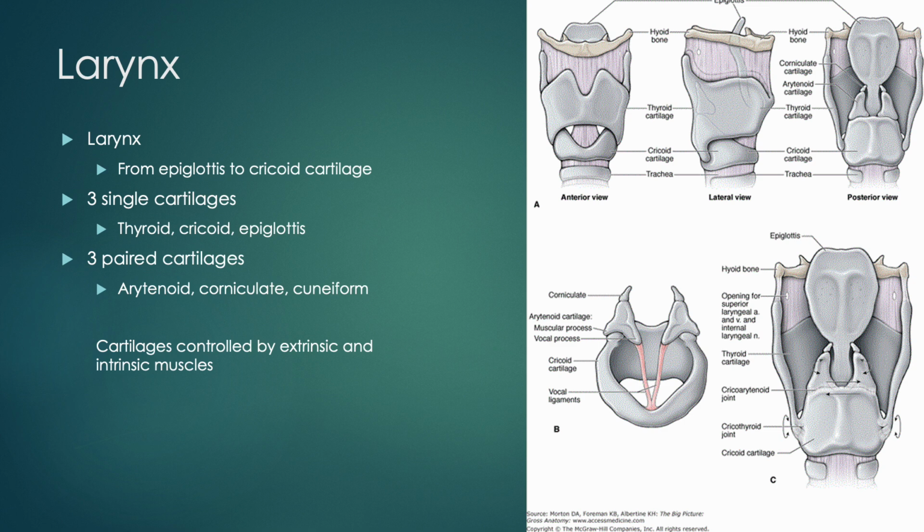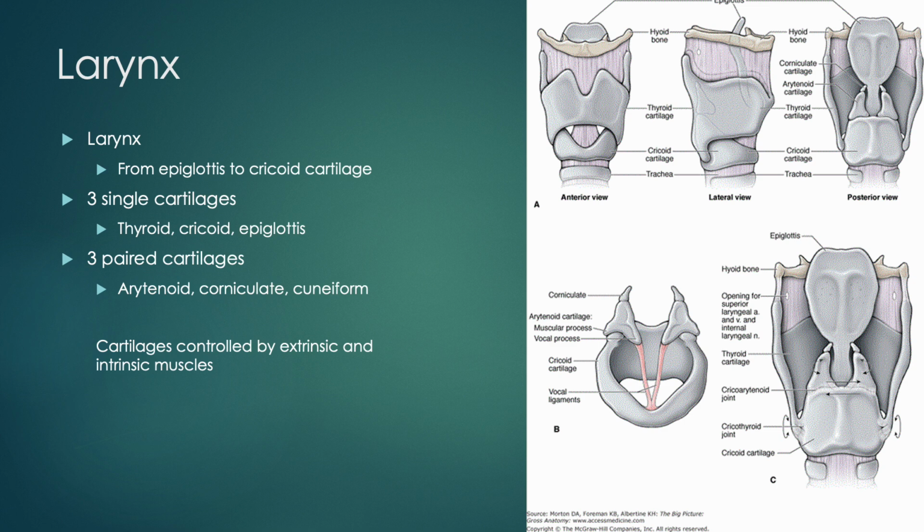Okay, cartilages of the larynx. Just briefly going over these again. Your single cartilages, thyroid, cricoid, your epiglottis. Your paired, your arytenoid, corniculate, and your cuneiform cartilages. The cricoid cartilage is unique as it's the only complete ring. Okay, that provides structural integrity. Okay, so cricoid pressure, you should know where to give it.